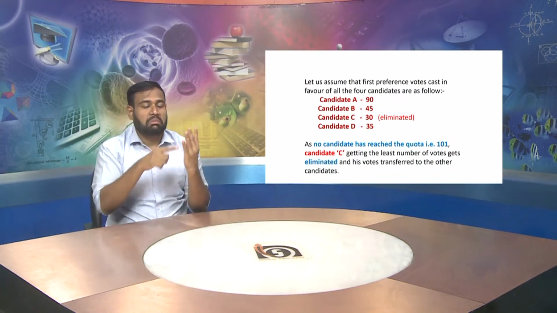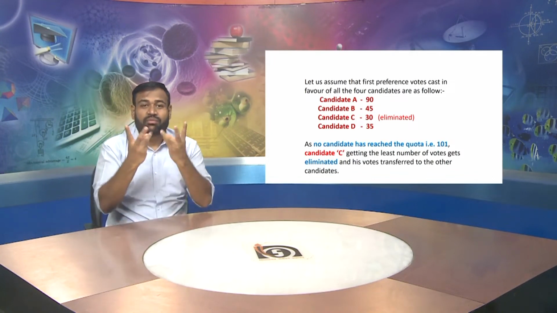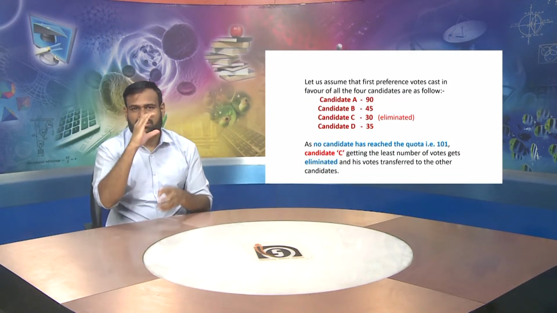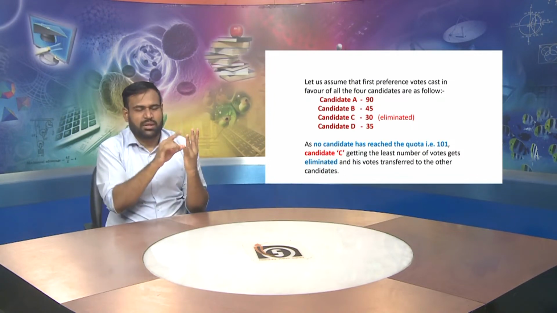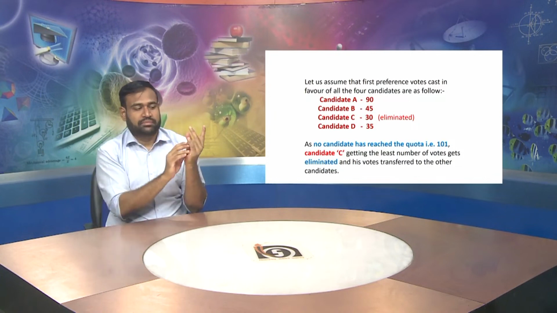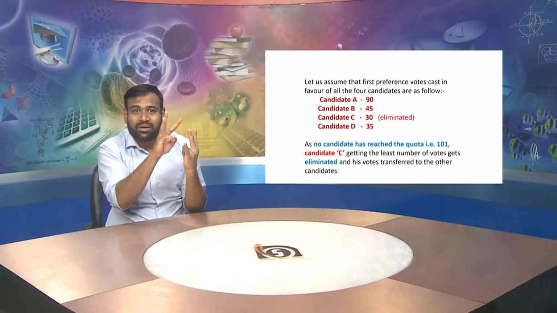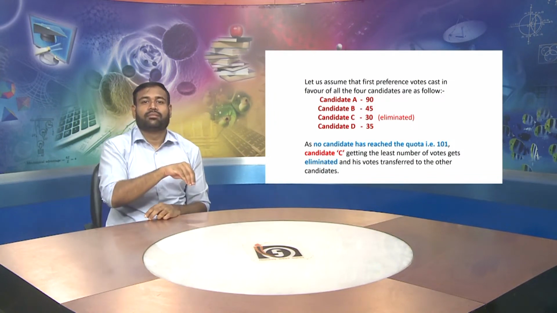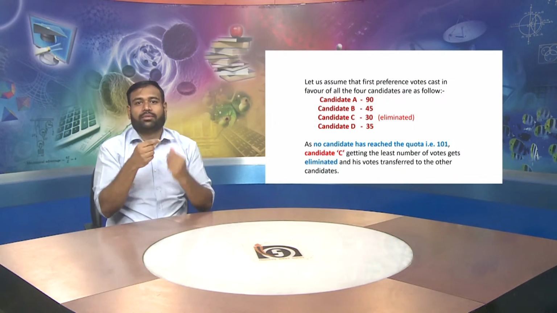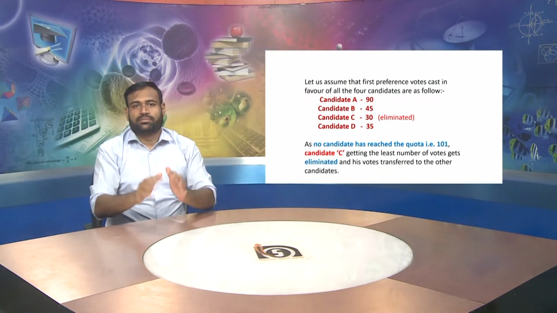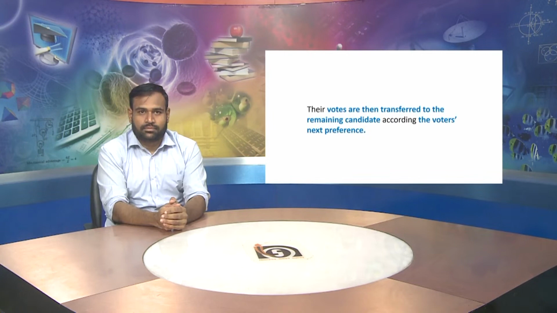Because all these votes are less, in this case C has the lowest count, so it would be eliminated. Now because C is eliminated, D will come in the 3rd position, and the votes also would be transferred to the next.